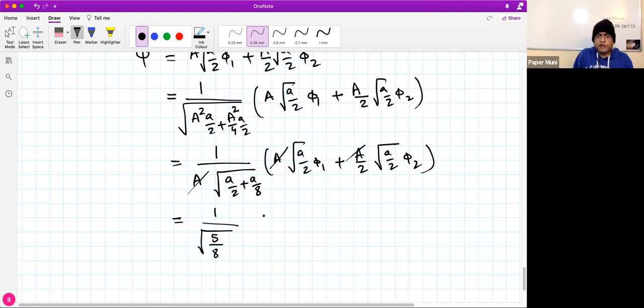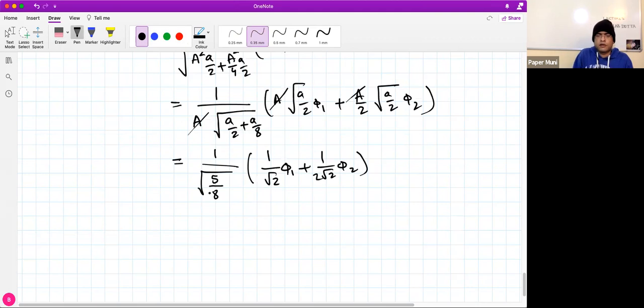5 by 8. Okay, and in this case we have 1 by root 2 phi 1 plus 2 root 2 phi 2. So if you solve this further, what you get is 2 root 2 by root 5. There is 1 by root 2 phi 1. This is 1 by 2 root 2 phi 2.